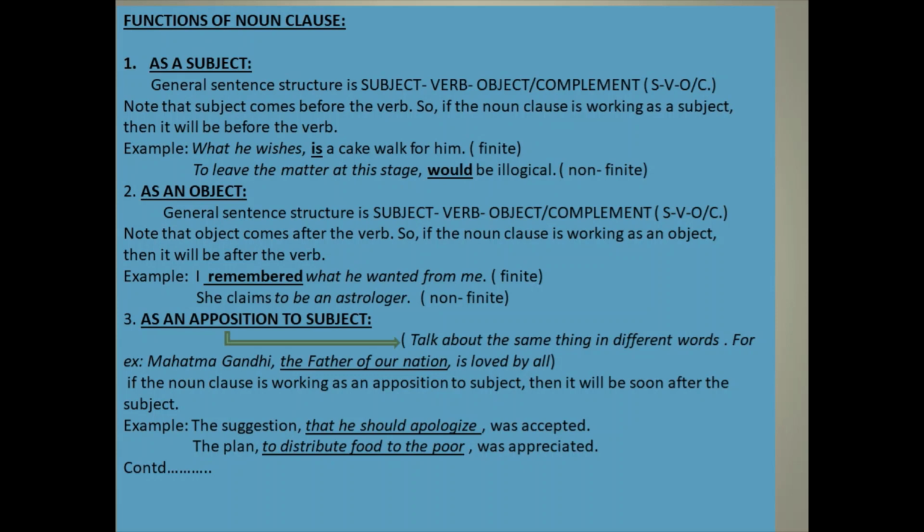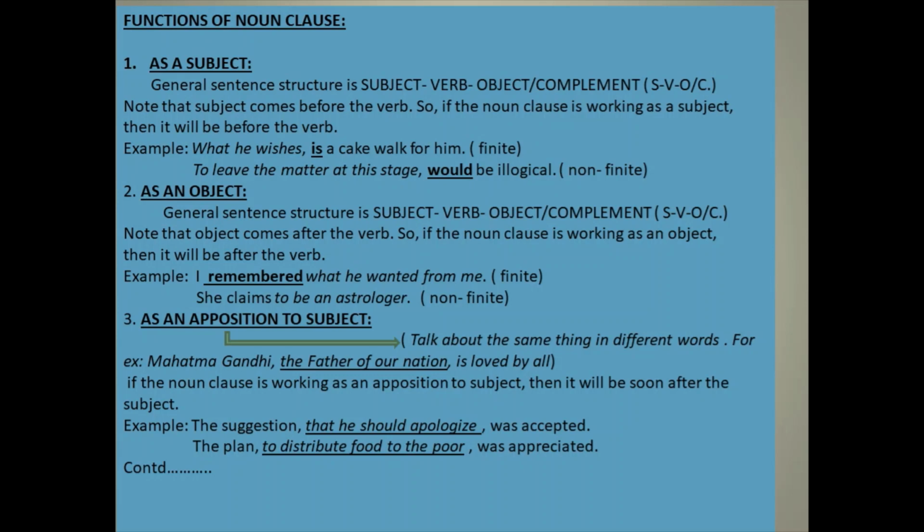Mahatma Gandhi, the father of our nation, is loved by all. Now you can see here, father of the nation. Whom does it refer to? Mahatma Gandhi. So they are the same thing. If you say the father of the nation is loved by all, we all know that it is Mahatma Gandhi. Or Mahatma Gandhi is loved by all, we know that he is the father of the nation.